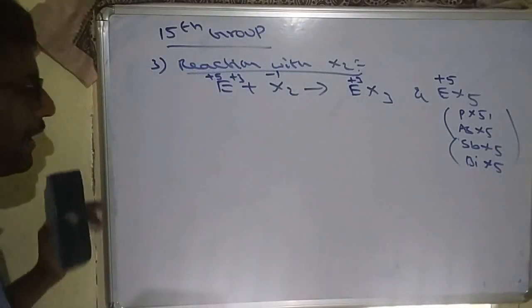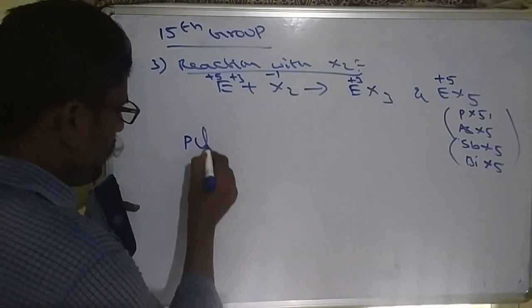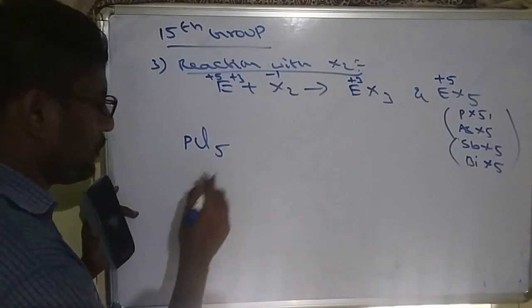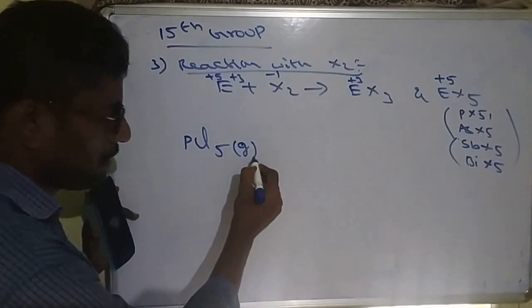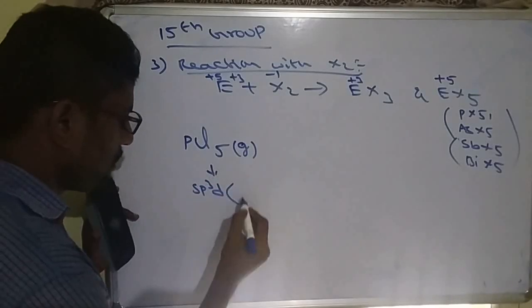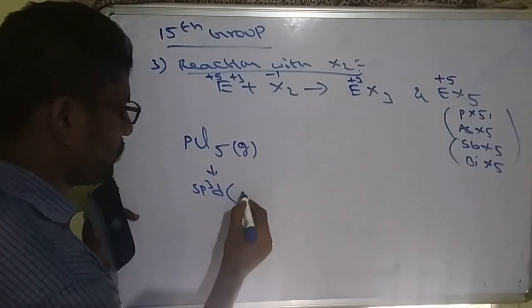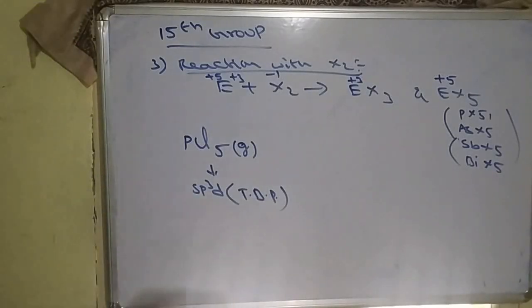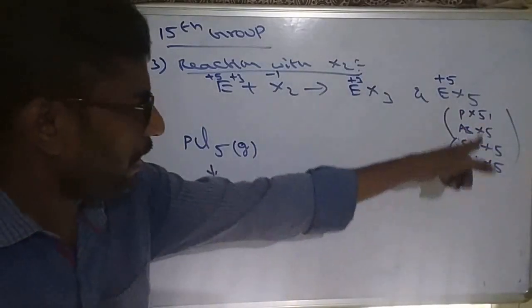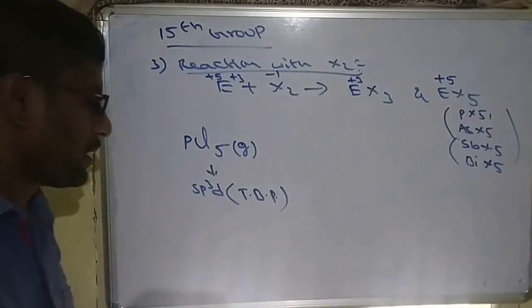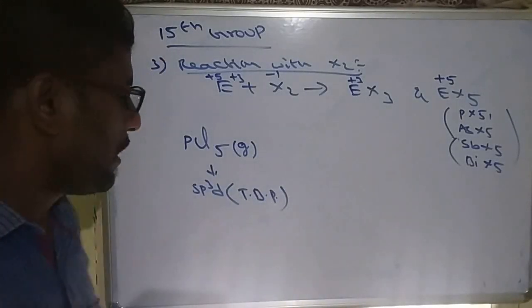Among these halides, when you are observing phosphorus pentachloride, PCl5, in the gaseous state it has sp3d hybridization and trigonal bipyramidal geometry. Any pentahalide in the gaseous state will have sp3d hybridization and trigonal bipyramidal geometry.